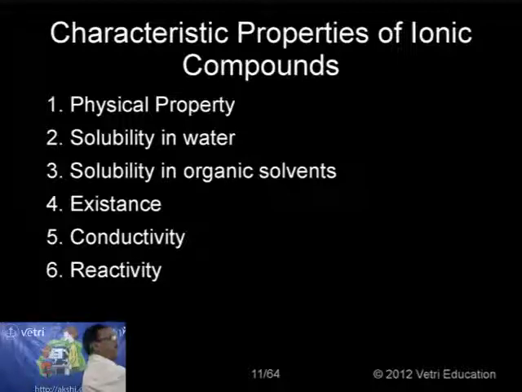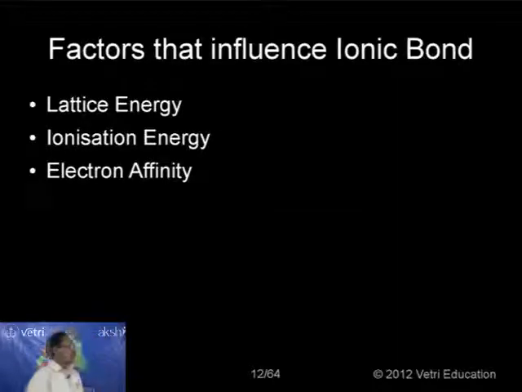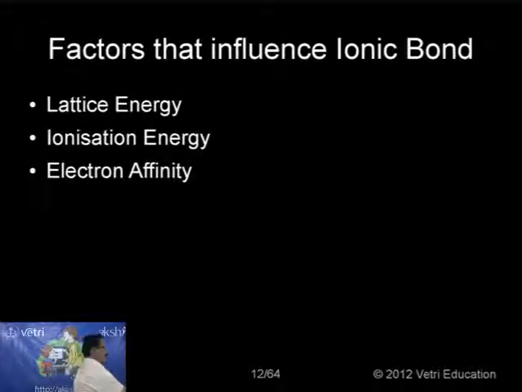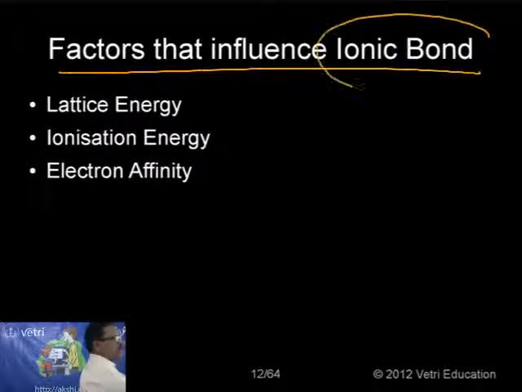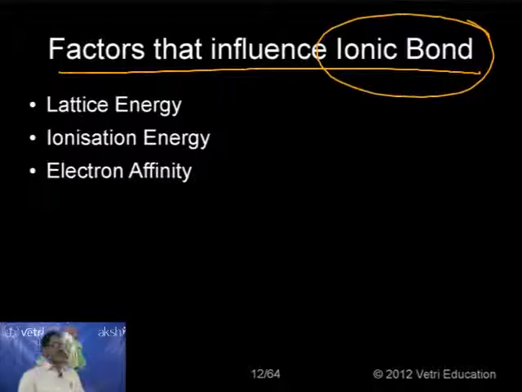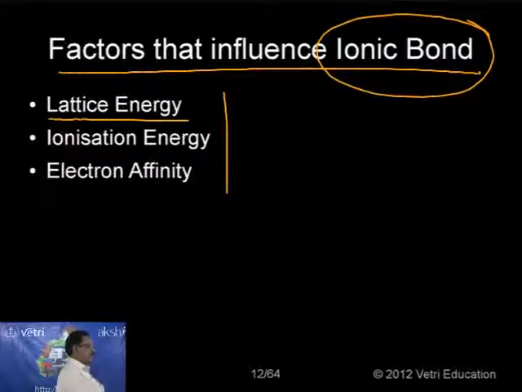Okay, let me go to another video. Now, what are the factors that influence the ionic bond? This is another important topic. When we say an ionic bond is stronger or weaker, we compare them, so which factors affect this? Here I have listed 3 important factors. One is lattice energy, an important factor that affects the ionic strength.